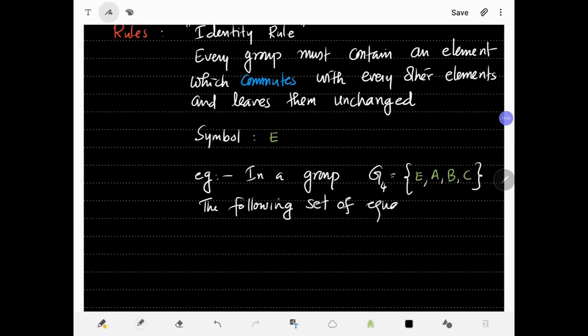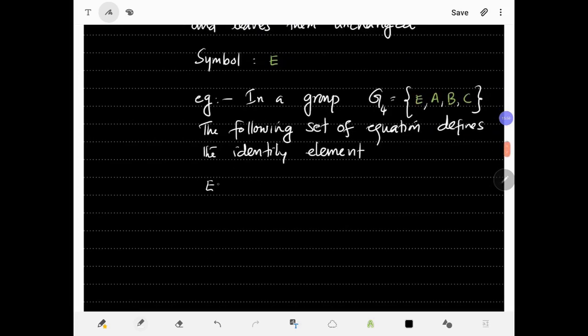So you can immediately say E is the identity element if the following set of equations is valid. E combined with A should be equal to A combined with E. It should leave A unchanged. Similarly for B and C. If all these three equations are valid, then we say E is the identity element.